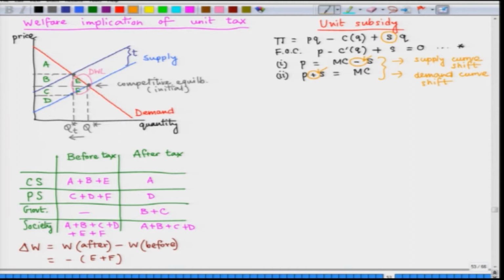Okay. So, again we see the same thing as we have observed in the case of unit tax, that it does not matter which curve you want to shift, you can shift either curve and you get the same model outcome, but you can't shift both the curves together. Okay. So, now let us quickly have a diagrammatic analysis of the unit subsidy case, and there we are going to assume that we are going to shift the supply function, right.